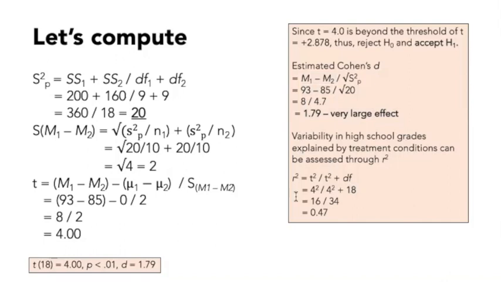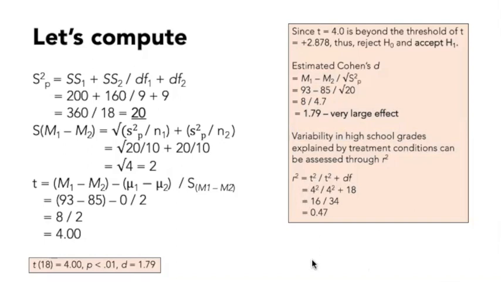And very similar to that, you can also calculate R squared, which will help you to explain the variability in high school grades explained by the treatment conditions. So that can be assessed through R squared. So R squared is actually t squared divided by t squared plus degrees of freedom. So t squared is 4 squared.